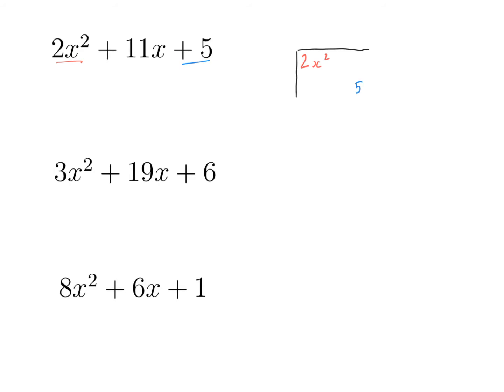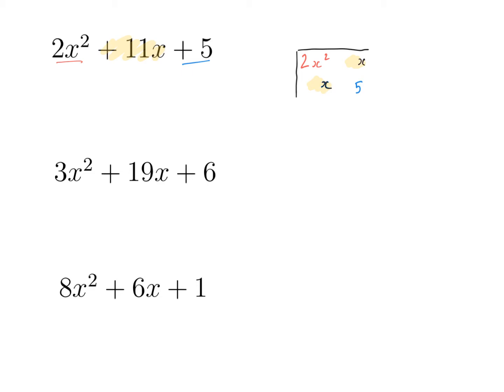Now, I know the two terms that would go here would need to add up to give me 11x. So I know I'm going to have some x's down here, and some x's up here.